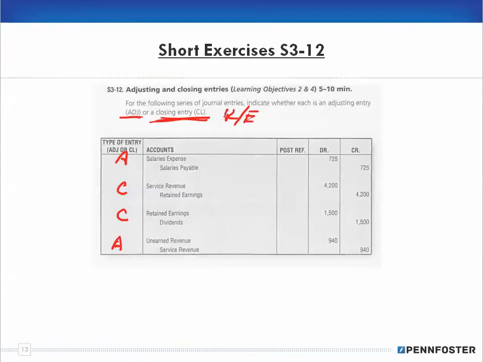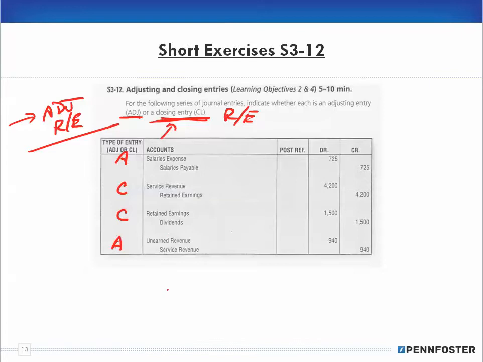But I have to warn you here: it doesn't necessarily mean that I can't make an adjusting entry to retained earnings. It is possible for that to happen, but with this level of accounting and the way we're thinking about it right now, all we're trying to do is determine whether you understand the difference between adjusting and closing entries, not to be adjusting a retained earnings account.